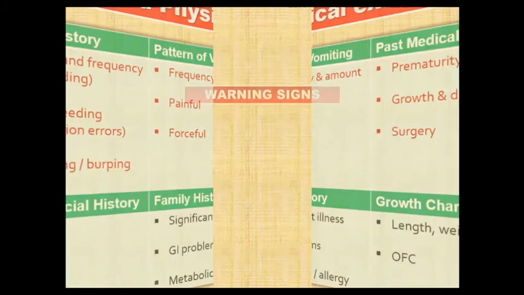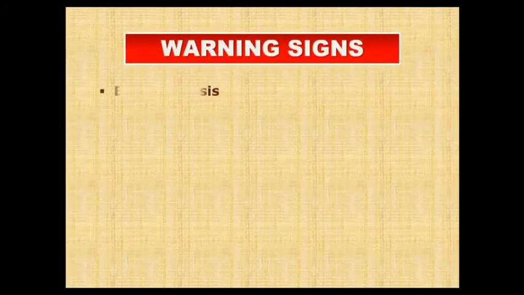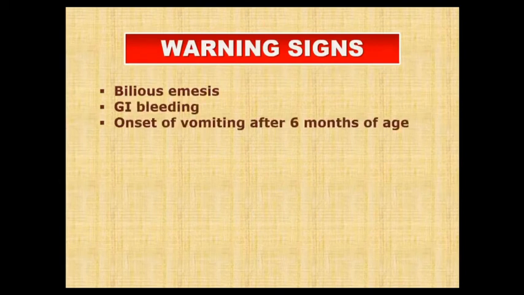So what are these red flag signs or warning signs? Bilious emesis, GI bleeding, onset of vomiting after 6 months of age. In the natural course, gastroesophageal reflux becomes evident in the first few months of life, and it peaks in about 65% of cases at 4 months of age.